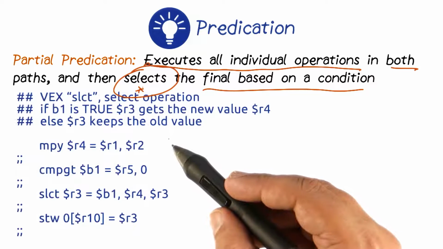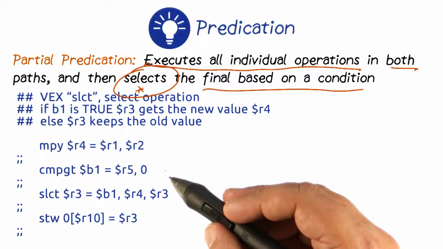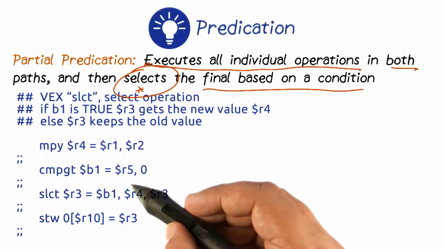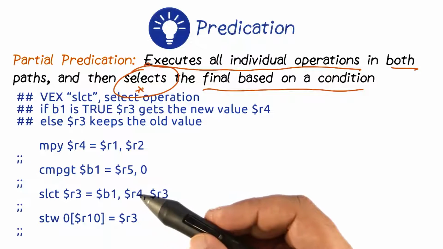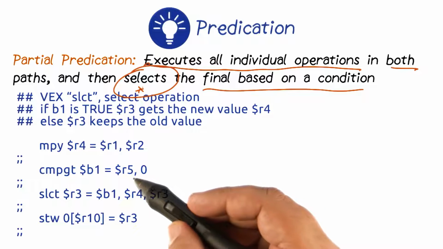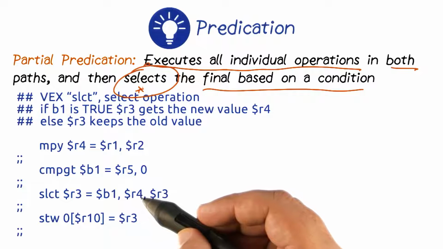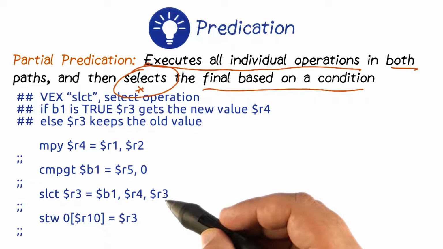So here is the same program again, which is now rewritten in this particular way to use partial predication. We do have the same multiply operation here. We do have the compare instruction into B1, and then finally we are going to select, based on the outcome of this branch, whether we will use the value of R4 to go to R3 or whether it will remain as R3.